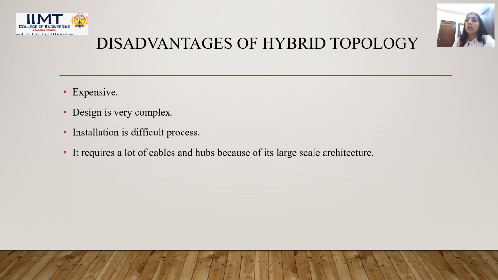Next point is, difficult to install and maintain new nodes. Because of its large scale architecture, it requires more cables, which affects the cost and the performance of the topology.